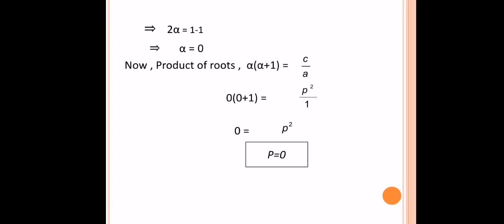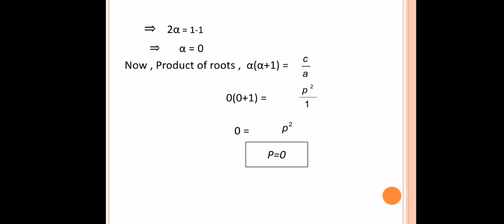The main thing which you will have to keep in mind while solving such sums is, if the statement says differ by unity or differ by 2, you will have to select your roots accordingly. If the statement had been that the roots differ by 2, then you would have taken the roots as alpha and alpha plus 2.